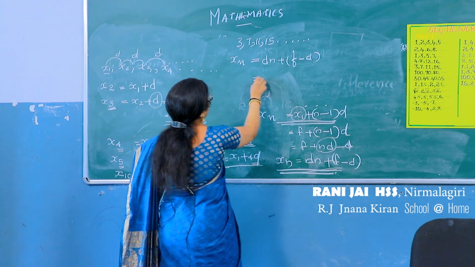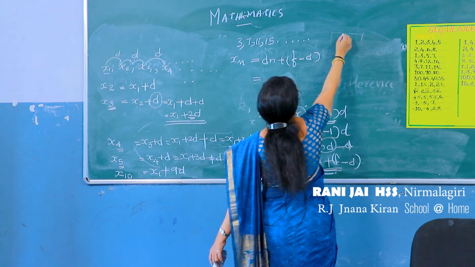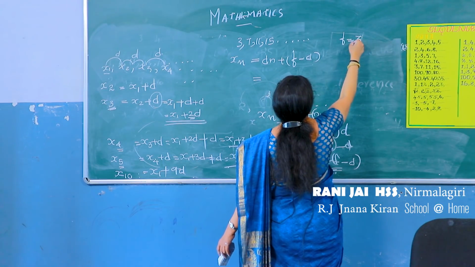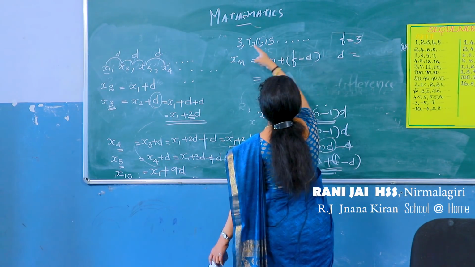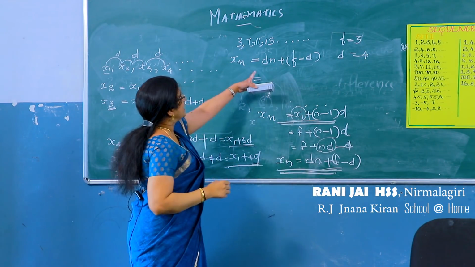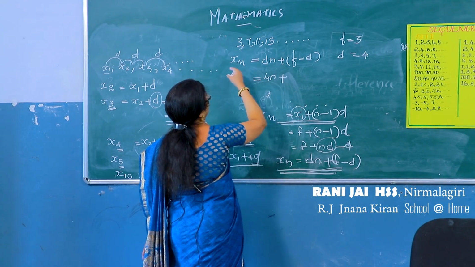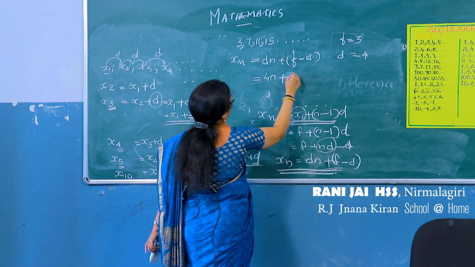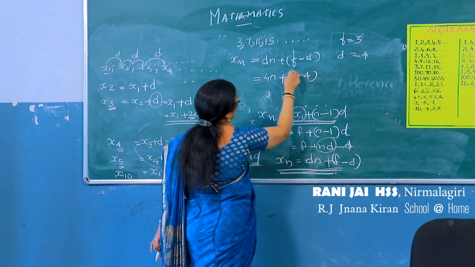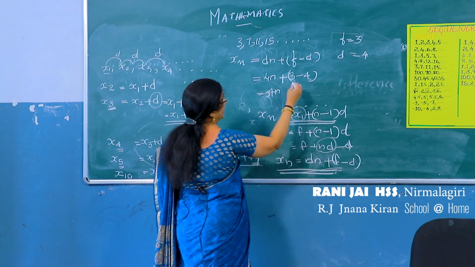Now we need the first term and common difference. f is equal to 3, d is equal to 7 minus 3, which is 4. So 4n plus f minus d, that is 3 minus 4. What is 3 minus 4? Negative 1.